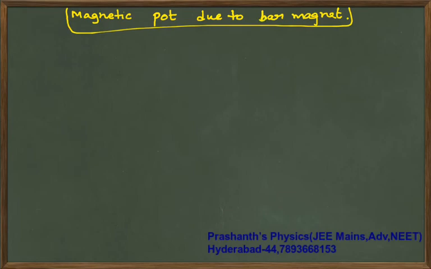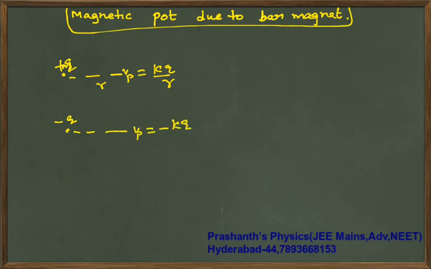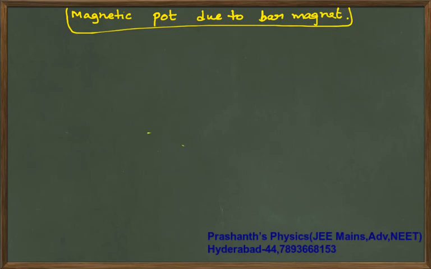If you have a charge plus q, your electric potential, a scalar quantity, is kq by r. For a negative charge, because potential is a scalar, we keep minus kq by r. When there are multiple charges q1, q2, q3, you take the sum of potentials, but you do scalar addition. Exactly the same thing you will be doing for magnetic poles. Your magnetic potential will also be exactly similar.